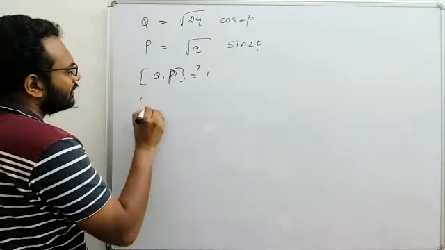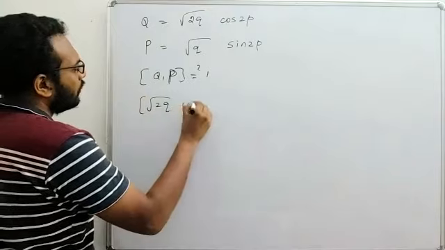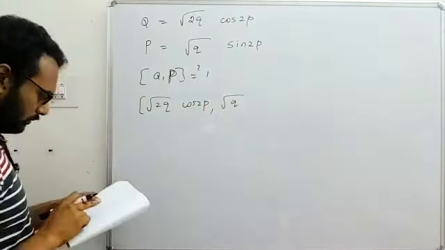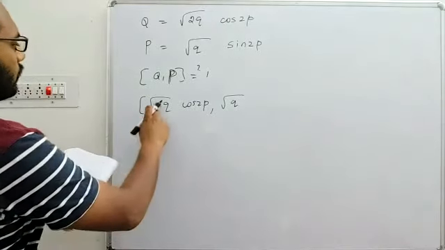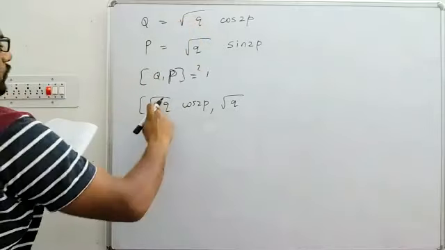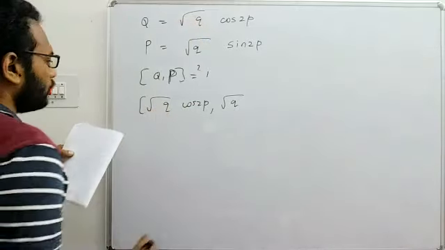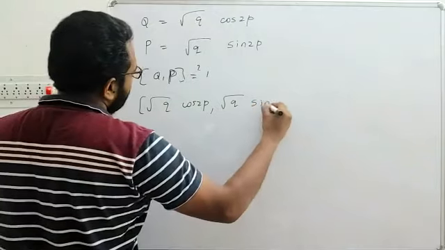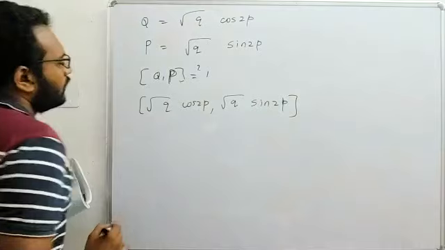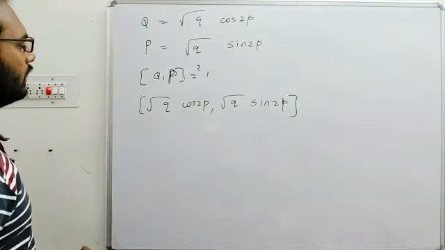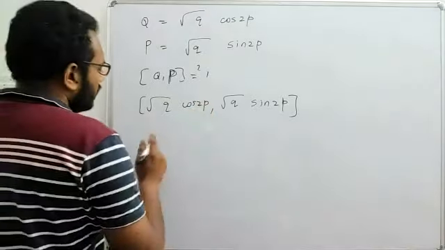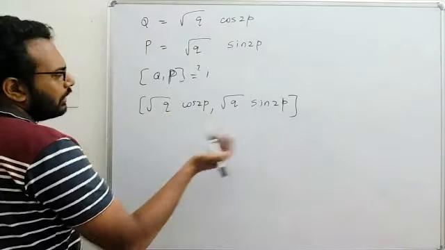So you see that this is square root of 2Q cos 2P, comma, square root of Q. Sorry, square root of Q. There's no 2. Square root of Q cos 2P, square root of Q sine 2P. Now, is this equal to 1? I think we better do it. You know how to combine these terms.